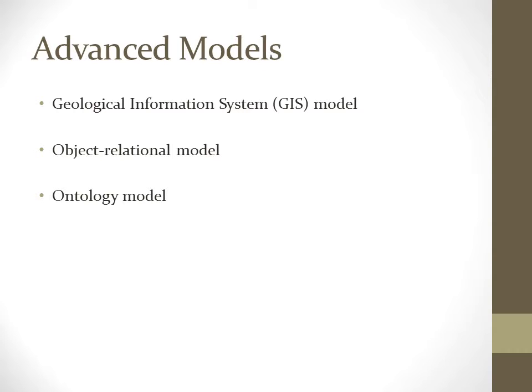Another advanced model is the object relational model. This can be in either your hierarchical, network or relational database, and is defined by specific data types. It's similar to what the GIS model does.